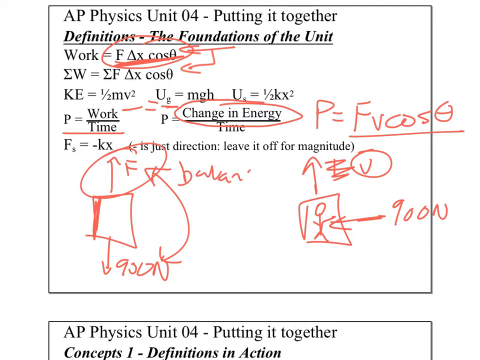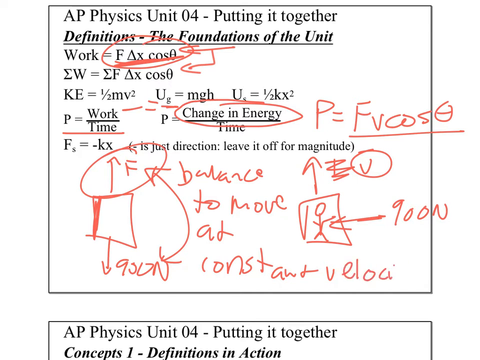They balance to move at constant velocity, because if they balance, that means we have a net force of 0, and net force of 0 means 0 acceleration, and a 0 acceleration means constant velocity.